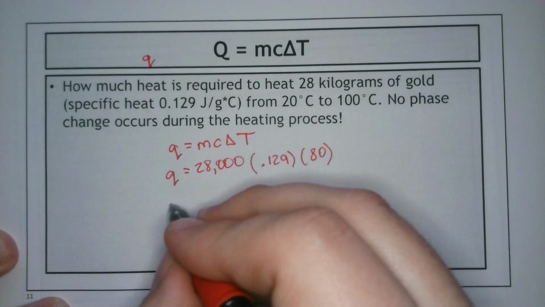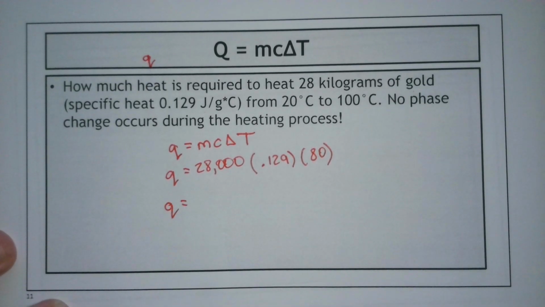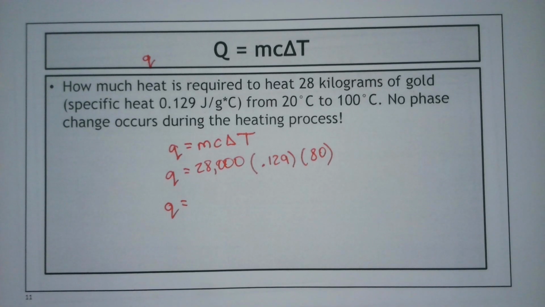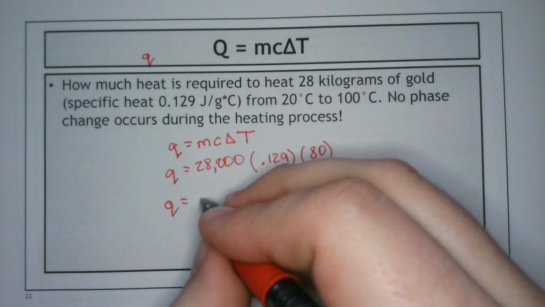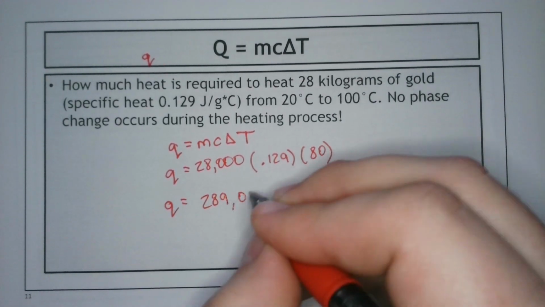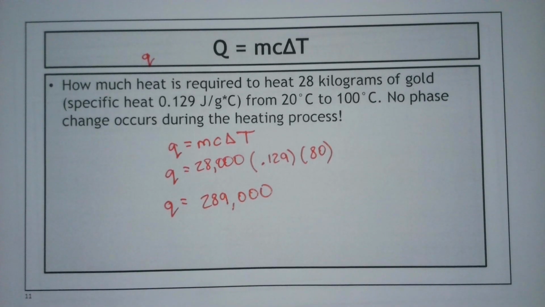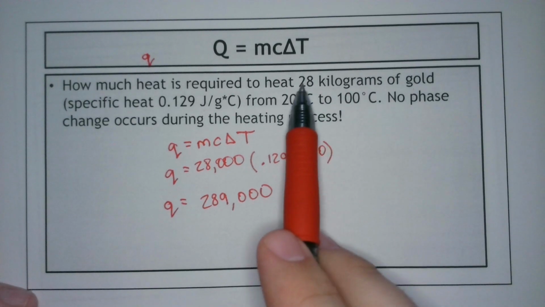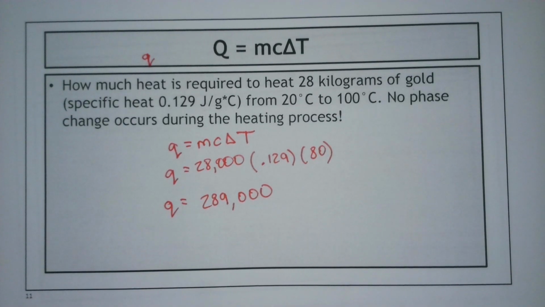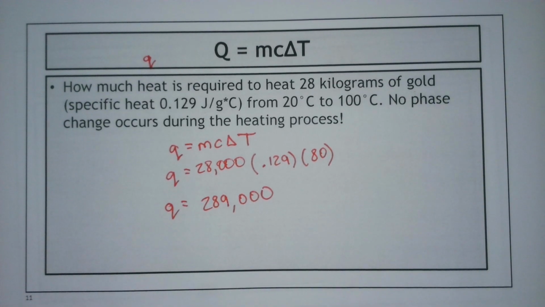That expression, which you simplify, will give you your answer. So 28,000 times 0.129 times 80 gives me a really large number, which I'll round to 3 sig figs. 289,000. Technically, you're supposed to round it to 2 because you have 2, but I always round to 3 because who cares about sig figs?